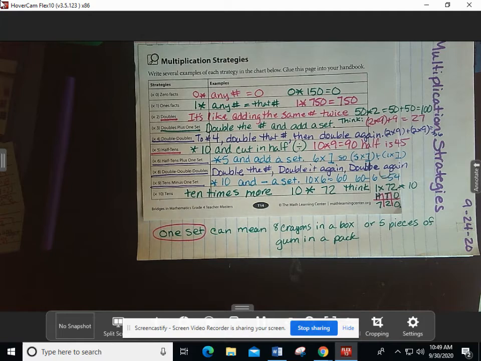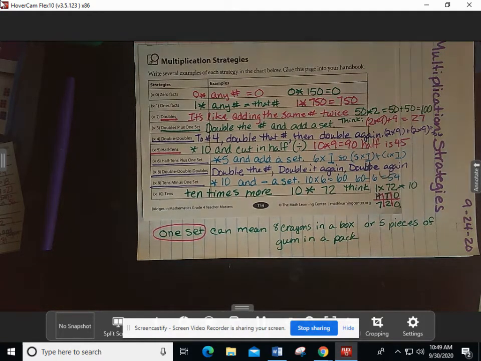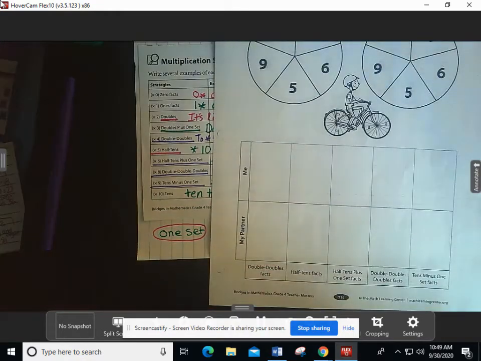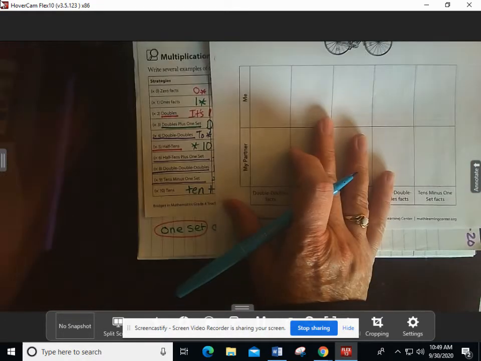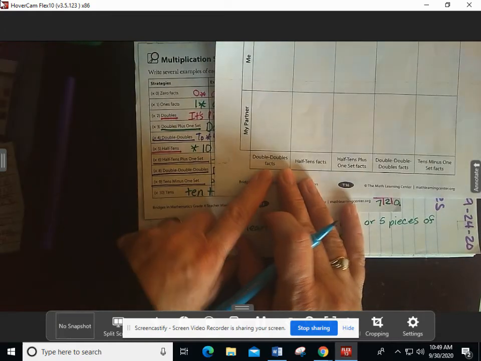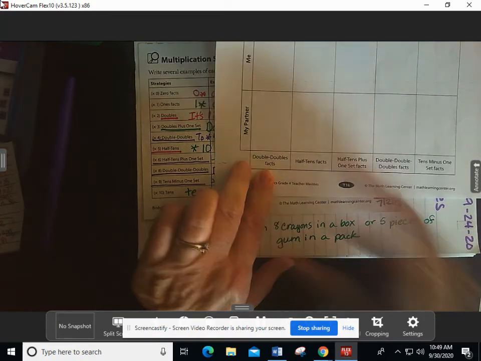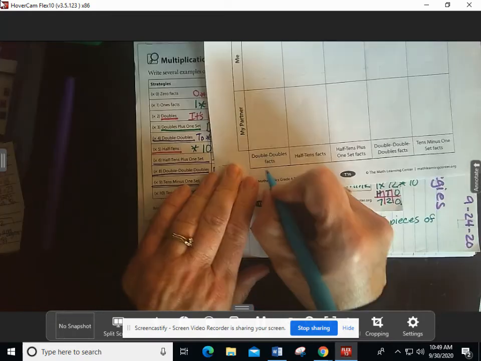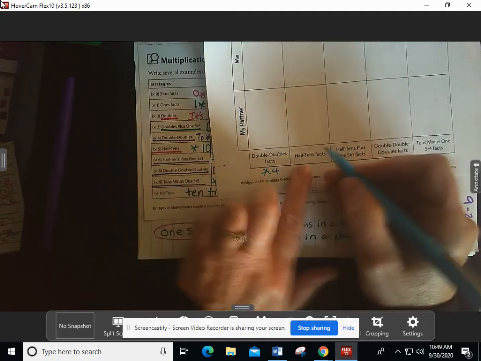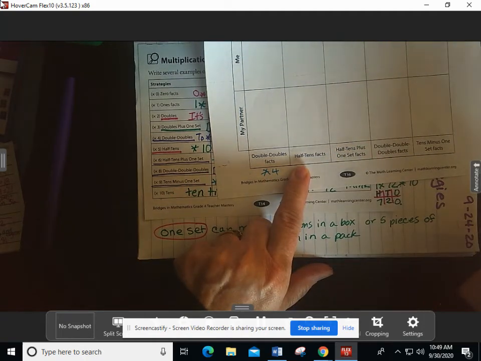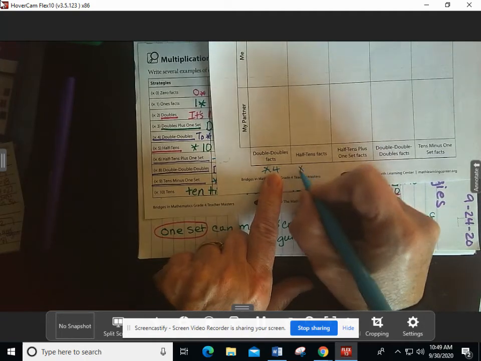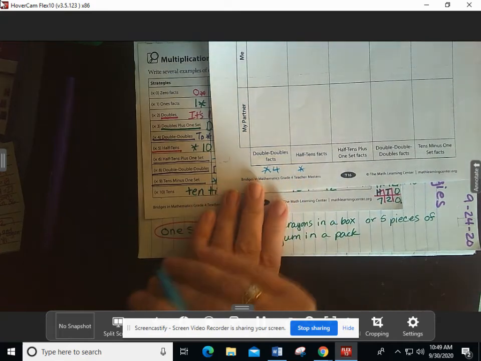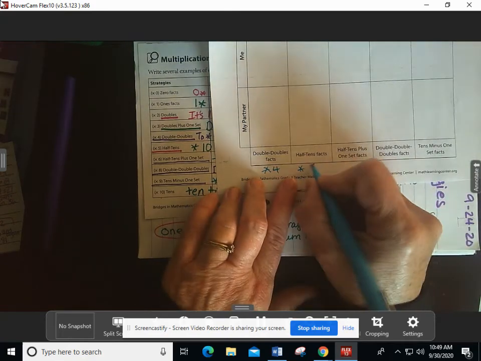Because we're going to learn a game. Again. No games. No. Because when you play this game, look what's on the bottom. Double doubles. What's double doubles? Times 4. What's half tens? What's half a 10? 5.